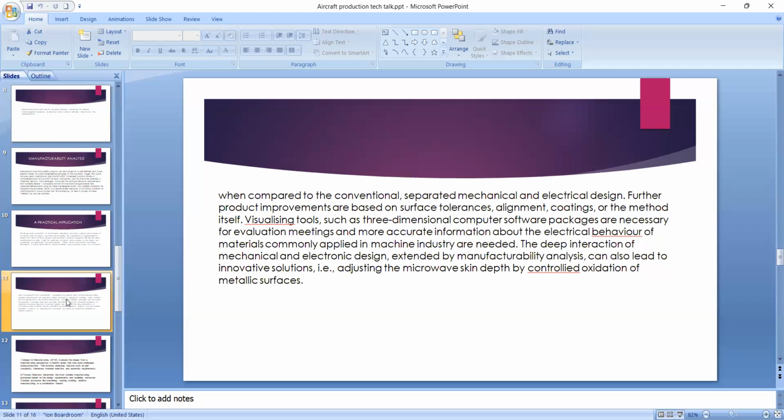Meetings and more accurate information about the electrical behavior of materials commonly applied in the industry are needed. The deep interaction of mechanical and electronic design extended by manufacturability analysis can also lead to innovative solutions, adjusting the microwave skin depth by controlled oxidation of metallic surfaces.